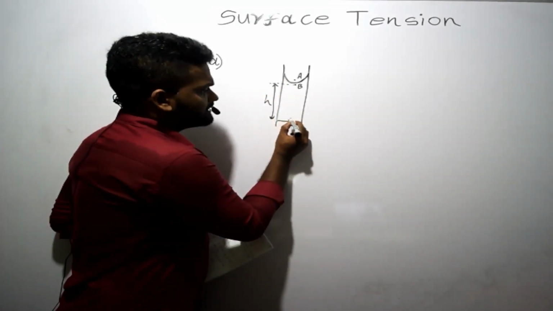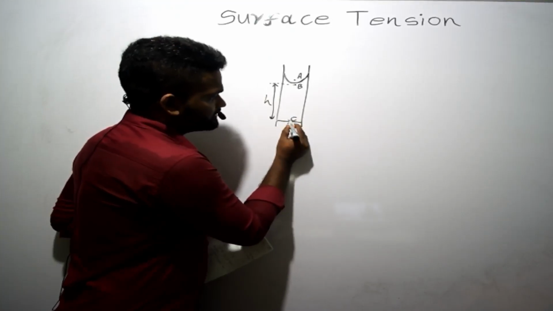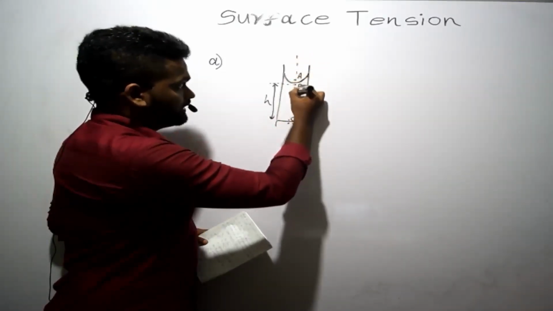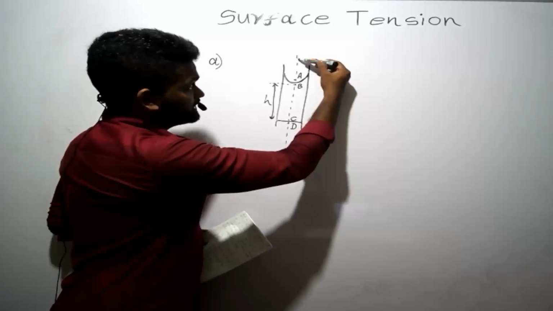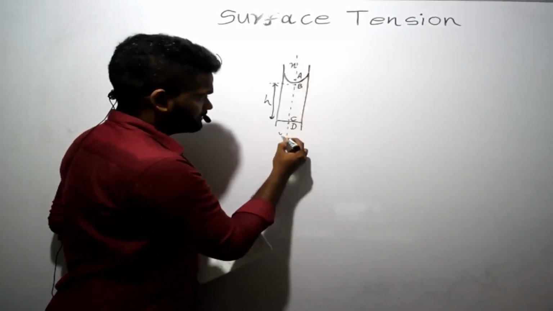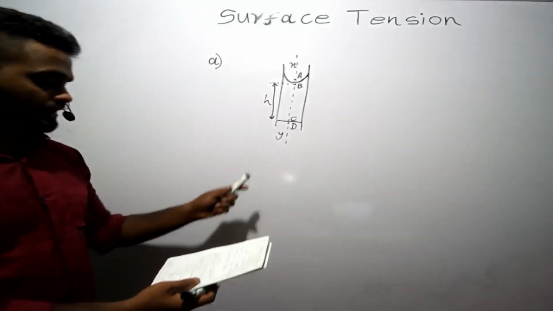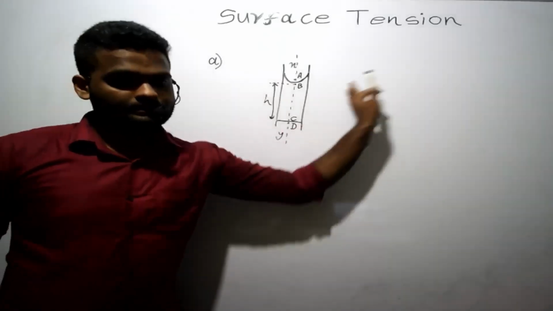Then slightly above this, let's mark a point C and another point D slightly below this point. I'm going to measure the pressure along this line, from X to Y. First draw this, and I'll explain it here, so leave space.